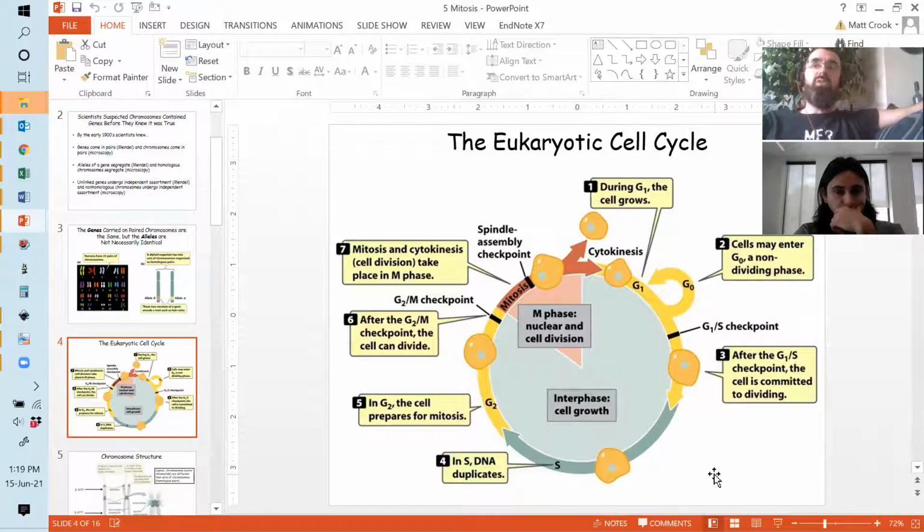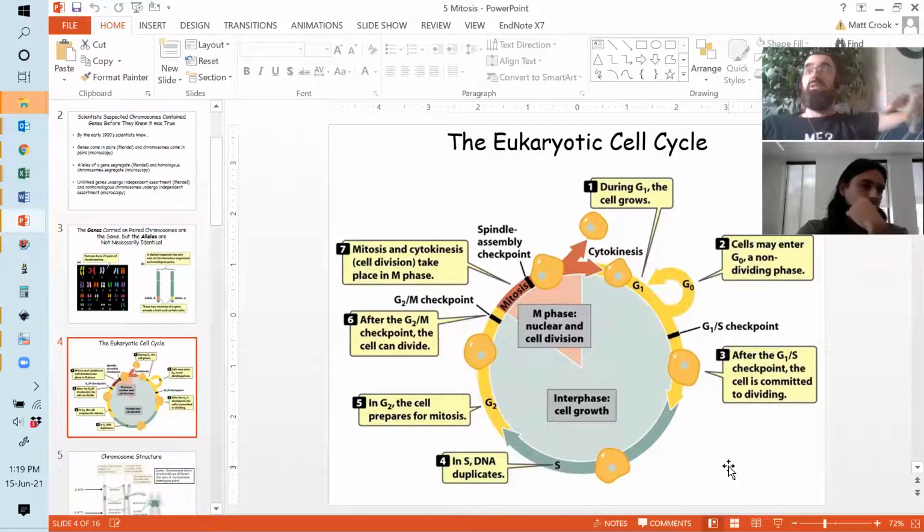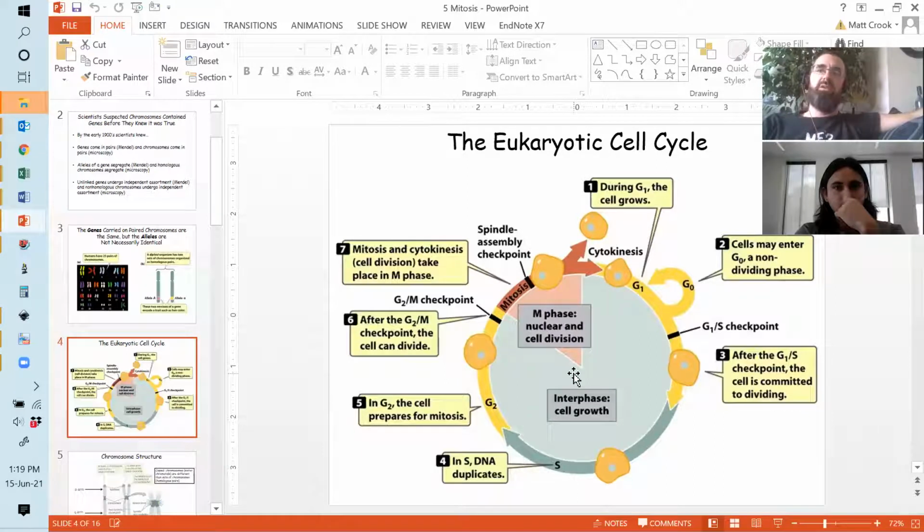However, we quite often refer to mitosis as being the generation of two identical daughter cells, whereas meiosis is the generation of 4 non-identical daughter cells, right? And so we quite often use mitosis and meiosis to refer to the whole process of cell division, not just the process of nuclear division during cell division.